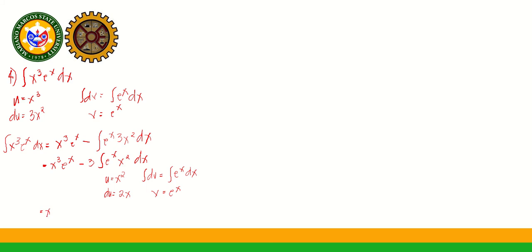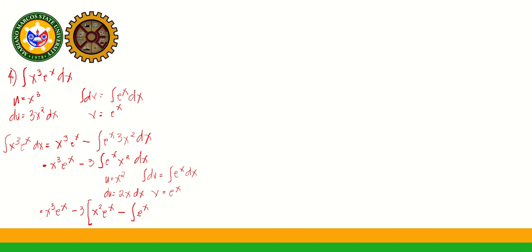So this will be equal to x cubed e raised to x minus 3. So maglagay tayo ng bracket para hindi tayo malito sa simplification. So we have u, that is x squared. And then v natin is e raised to x minus the integral of e raised to x, and du is equal to, meron pala dapat dx talaga dito.